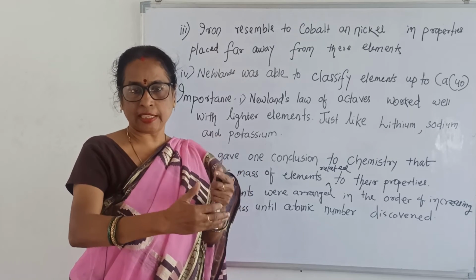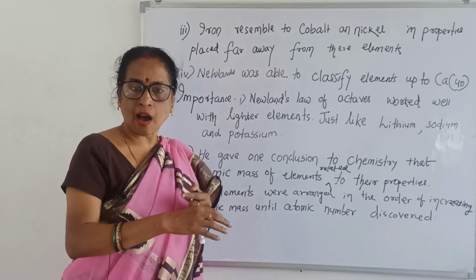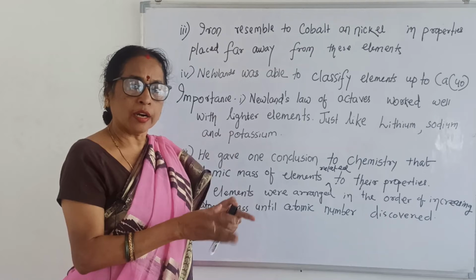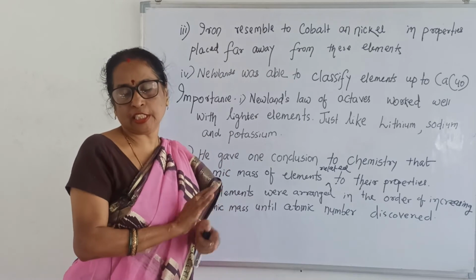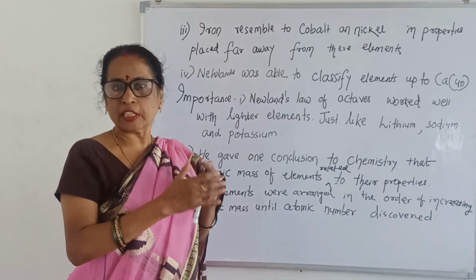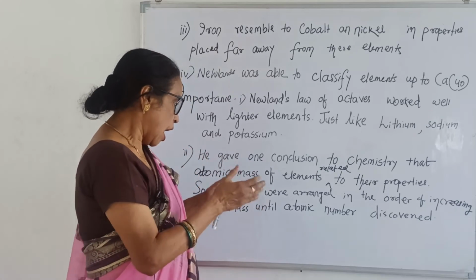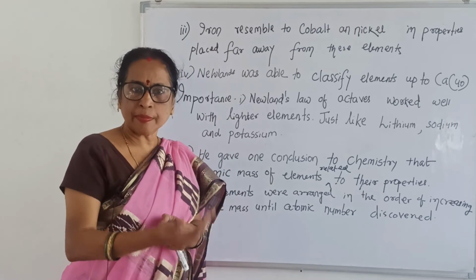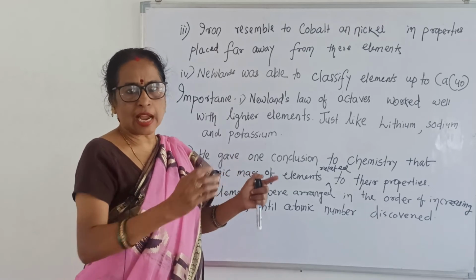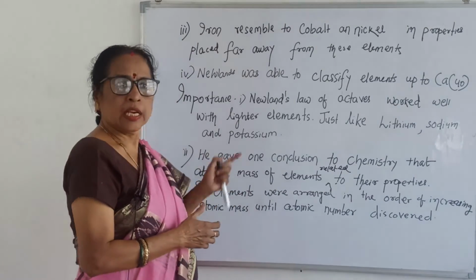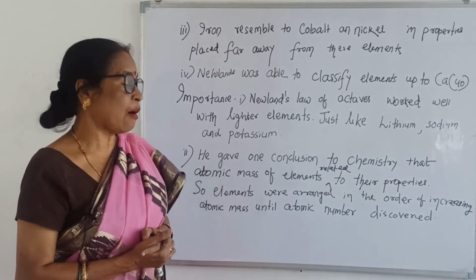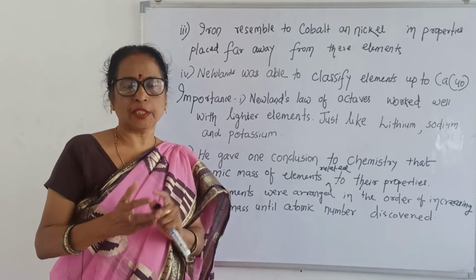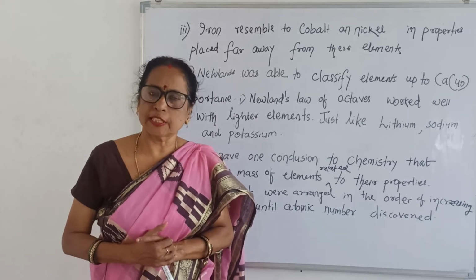From Newland onwards, elements were arranged in increasing order of atomic mass, until the atomic number was discovered by the scientist Moseley. Up to that point elements were arranged by atomic mass, and after the discovery of atomic number that idea changed. So he gave the foundation to chemistry that atomic mass of elements is related to their properties. I hope it is clear.